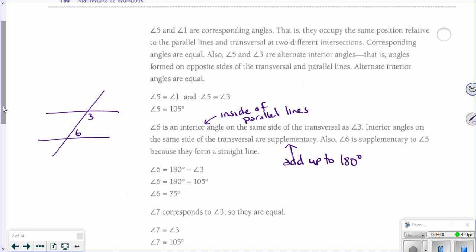So we knew angle 3 was 105, which means angle 6 has to be 75 because the two of them together have to add up to 180. Okay, so interior angles are supplementary, straight lines are supplementary, all of them add up to 180.